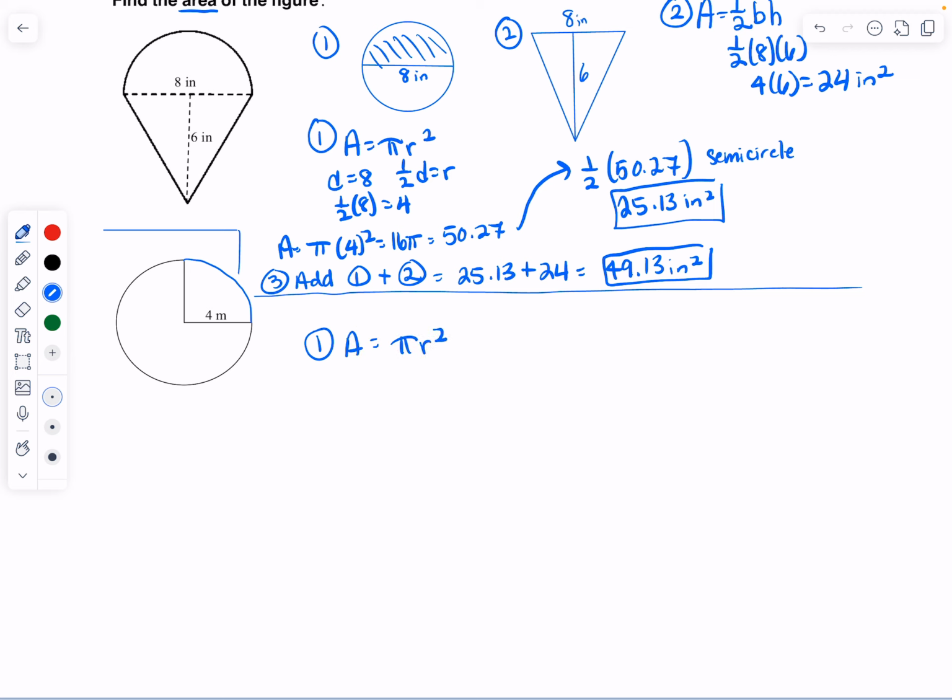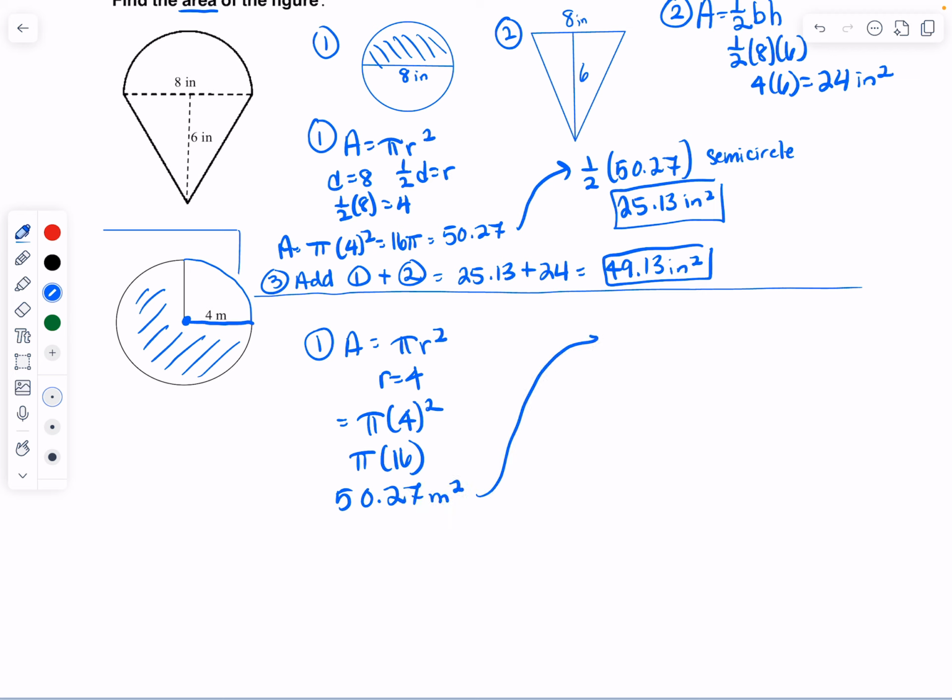But then I'm only going to need 3/4 of it. Okay? All right, so the radius is 4. So r equals 4. So I get pi times the radius 4 squared. So pi times 16, when I multiply that out, I get 50.27. Okay, and that is meters squared.